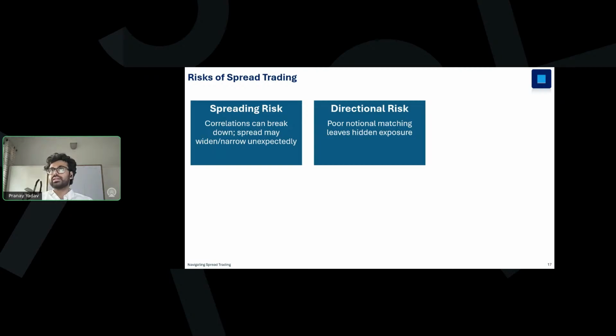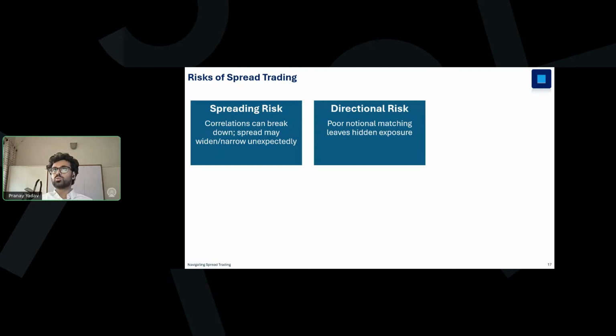Hidden exposure is challenging because it was not accounted for in this situation, which means that traders were not accounting for the fact that they were planning to go inevitably long versus short, right? Because of the fact that notionals did not match, they got unintentional exposure to one of the legs. Let's look back to the gold silver ratio, right?